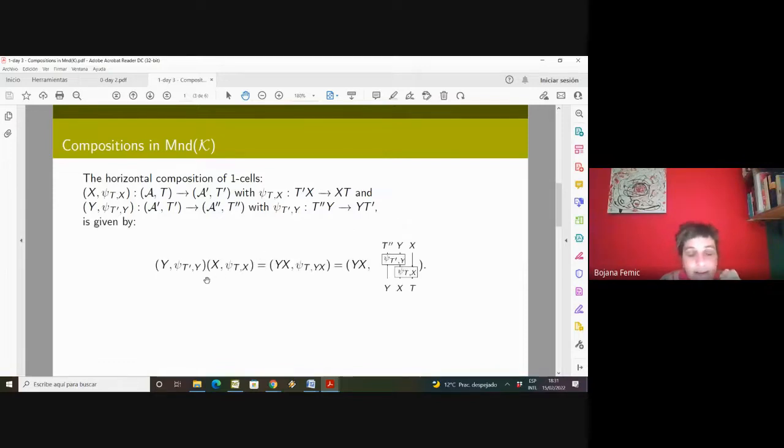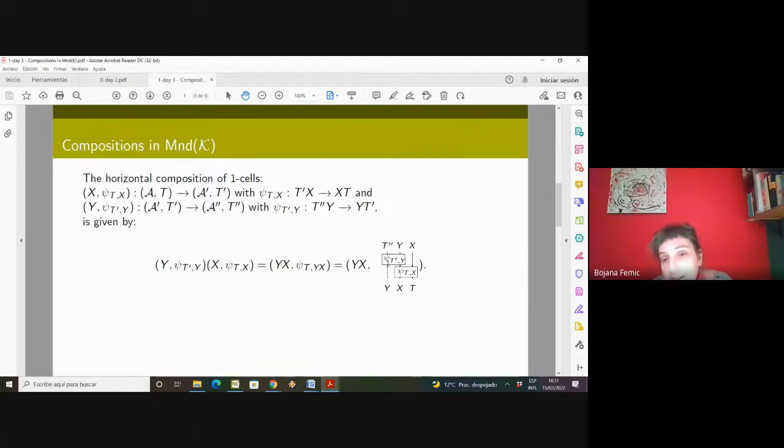I define their composition as a new pair where on the level of objects it is just composition of one cells x and y, and the two cell I define like this.